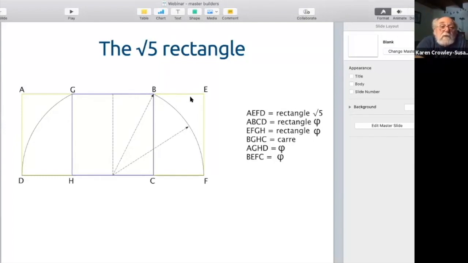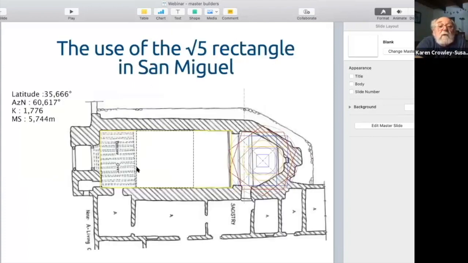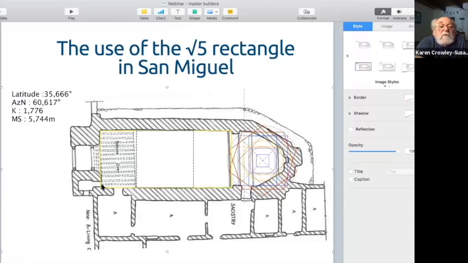It's a golden mean rectangle, the ratio 1.618, and here you are going to get another golden mean rectangle inside that fantastic rectangle. And as you can see, this part of the nave, which is the balcony, is done with one part of this rectangle.